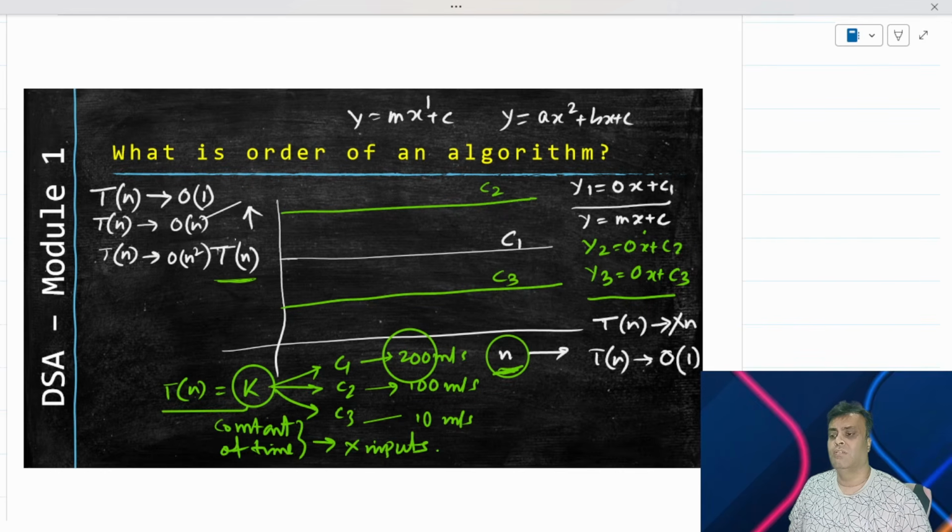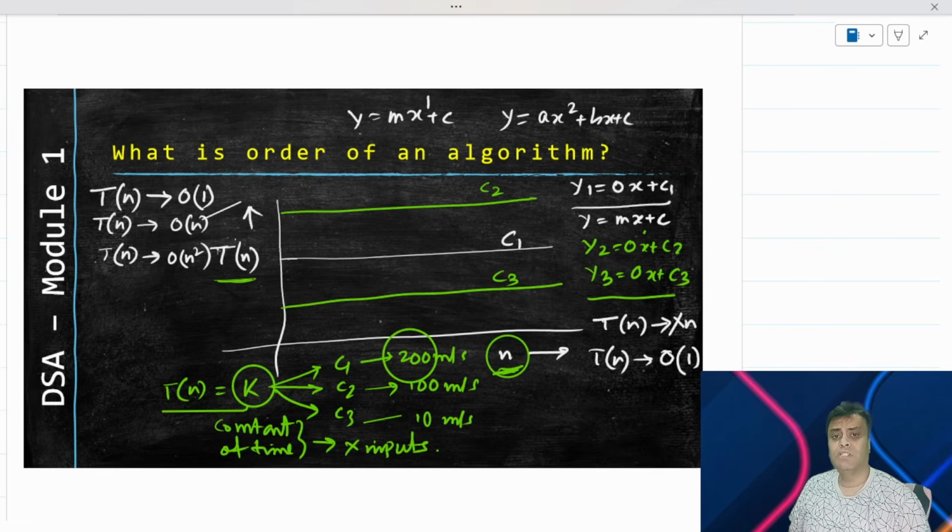We have established that the time complexity of an algorithm is defined by the order in which it executes itself as compared to the number of inputs that is given to it. Either it can remain constant, which means that no matter how many inputs you give, how many times you run, it will always execute in a constant amount of time. In that case, we call it order of 1.